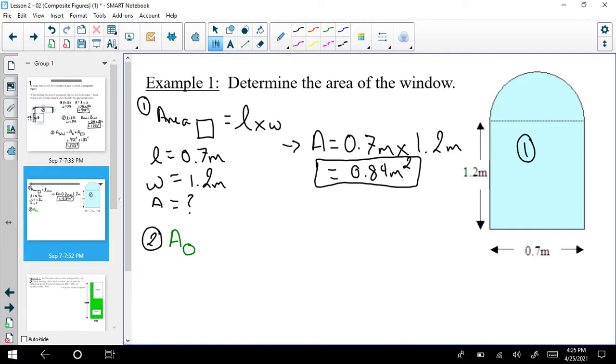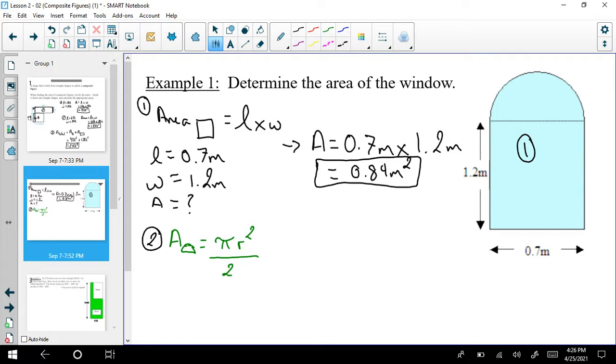So we're going to find the area of a full circle and then divide it by 2. The area of a circle is always pi r squared. But because we are only using half of it, I'm going to divide this whole thing by 2.